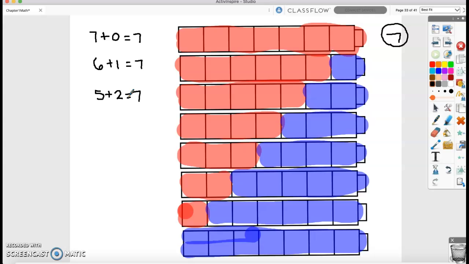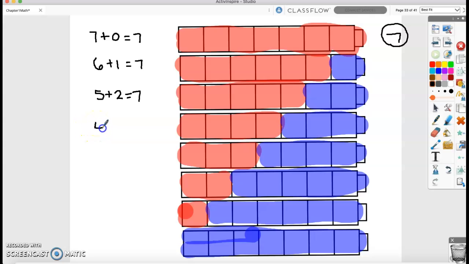And if you're seeing a pattern, you are correct. Look at my first number, 7, 6, 5. It's going down. Look at my second number, 0, 1, 2. It's going up. And look at my sum, my answer, 7, 7, 7. It stays the same.